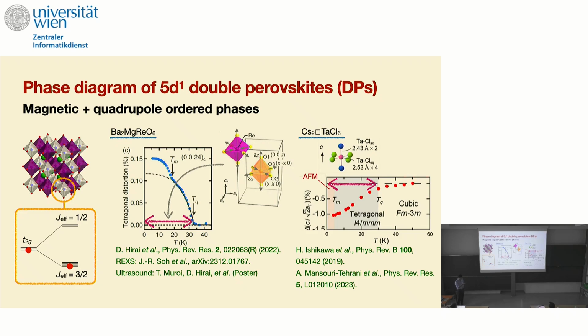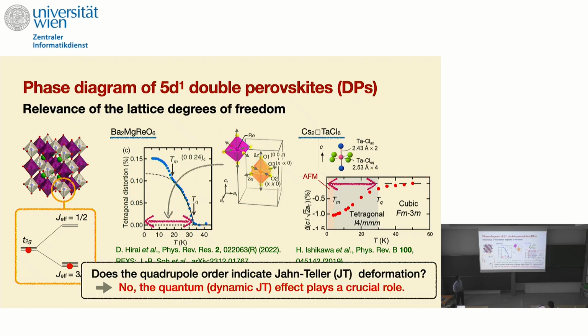To describe them, the first starting point would be based on this electronic structure with a J effective 3/2 ground state. But in the previous reports, at least, not all features have been described based on the pure electronic model. The breakdown of such a model happens because apparently we obtain such a deformation, meaning there is electron-phonon coupling.